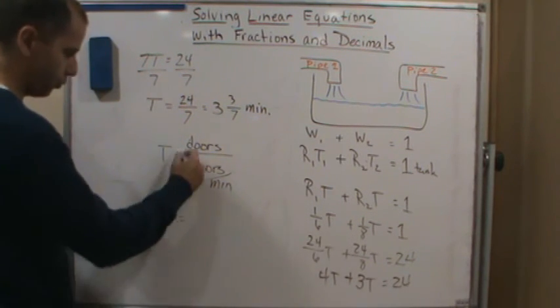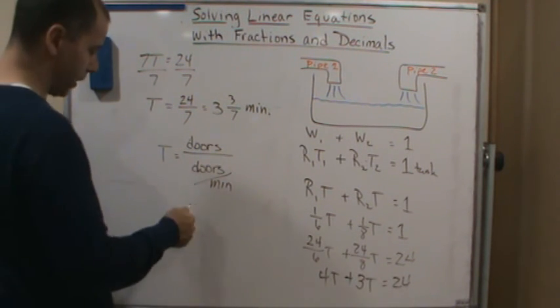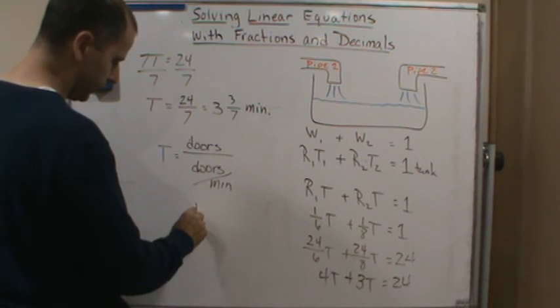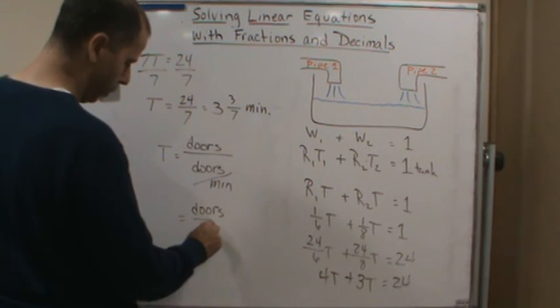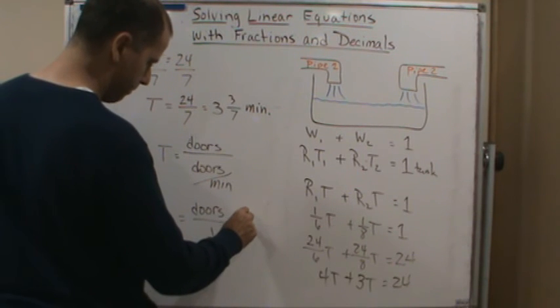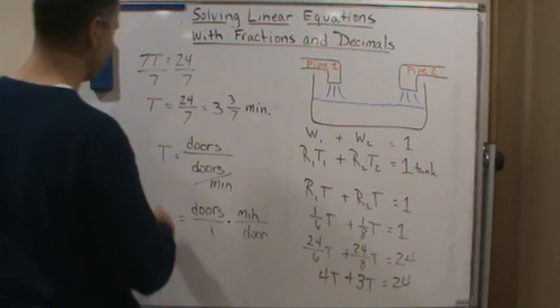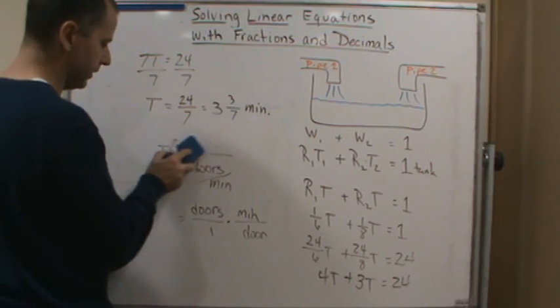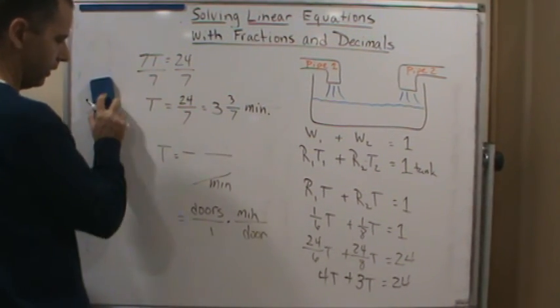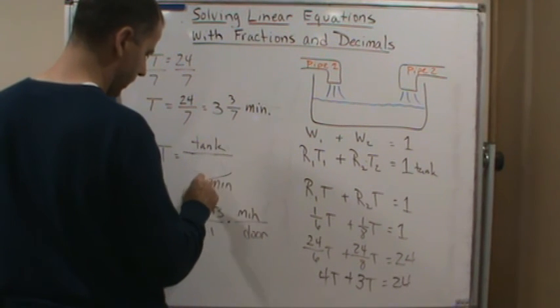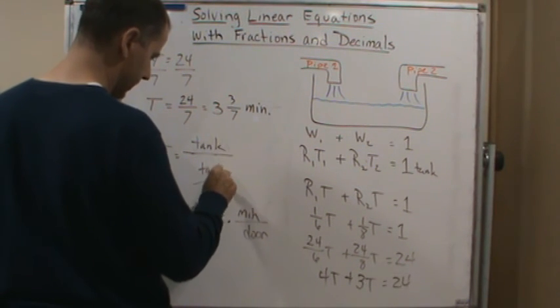If we change this to multiplication by the reciprocal of the bottom, we get tank over 1 times minutes over tank. I keep going back to the other problem with doors, I'm sorry. Tanks, how many tanks we're filling up.